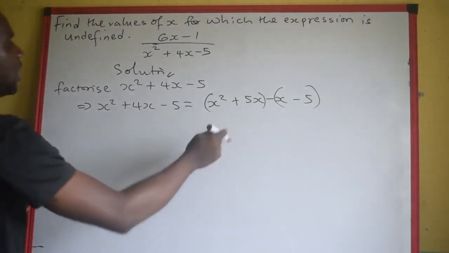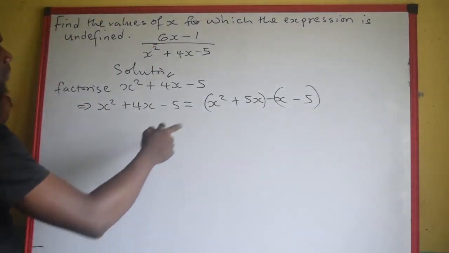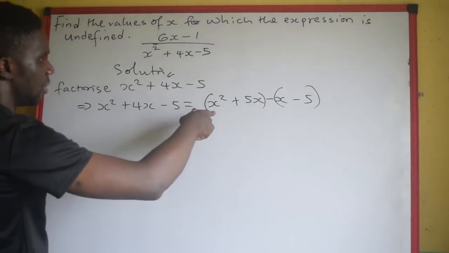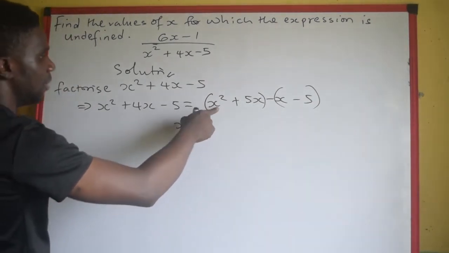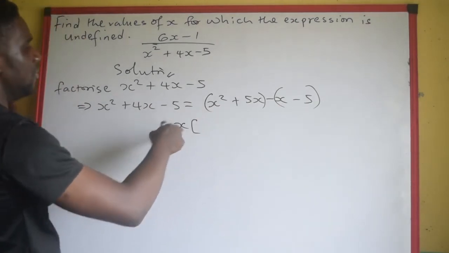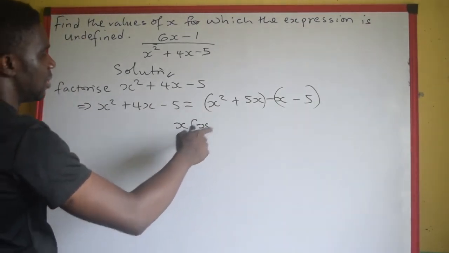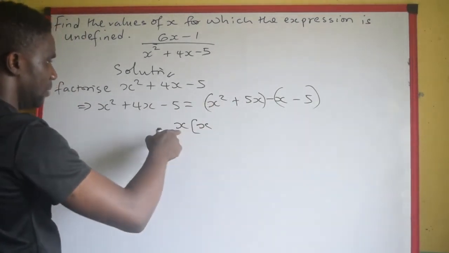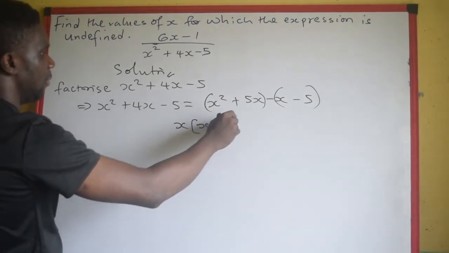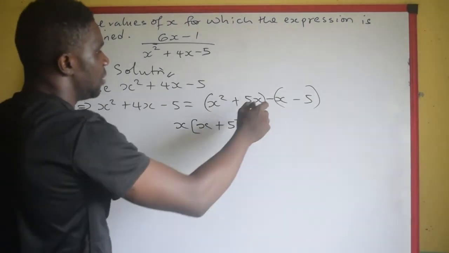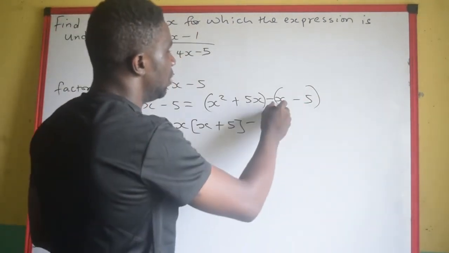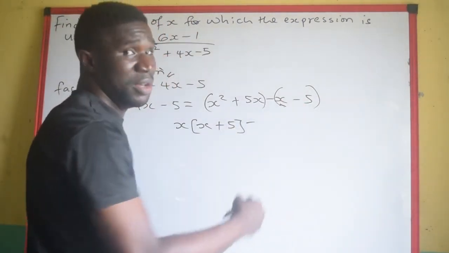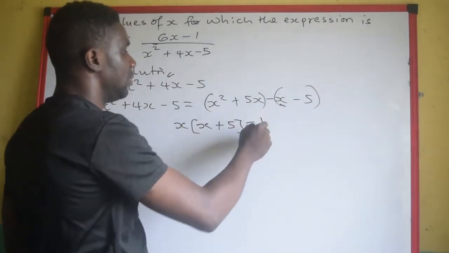Now, we have to factorize the values inside the brackets. We have x common there. x squared divided by x will give us x. Plus 5x divided by x will give us plus 5. We bring down this minus sign. The only thing that is common between x and minus 5 is 1.